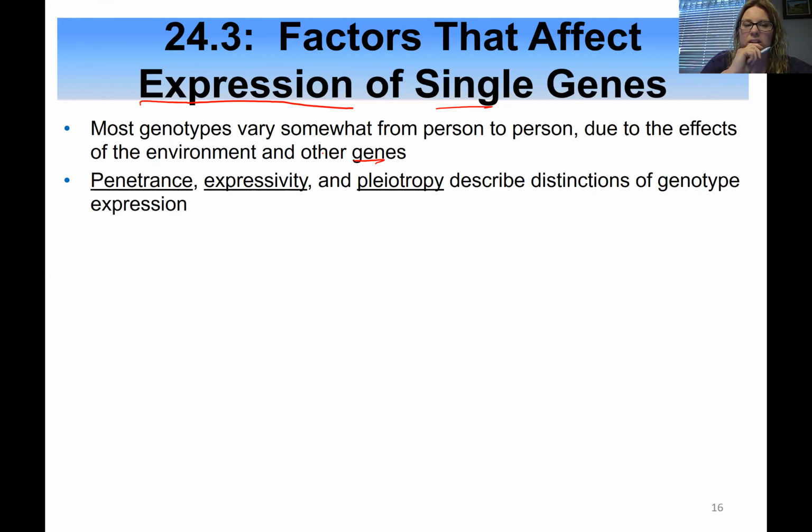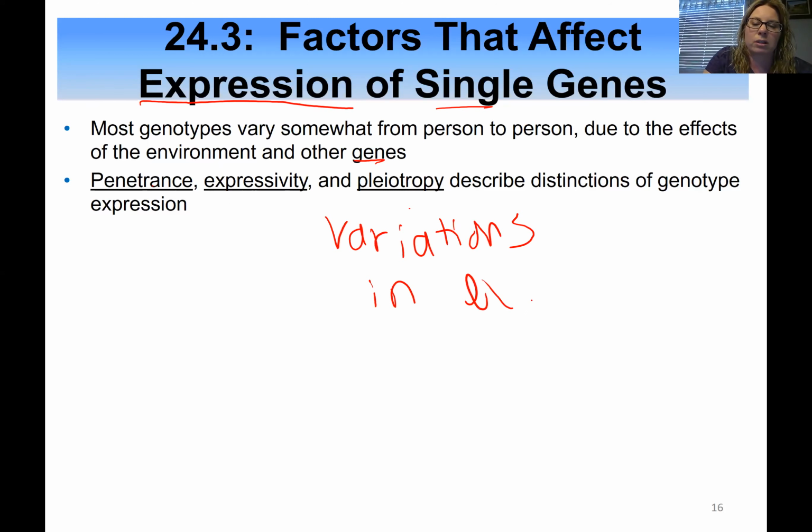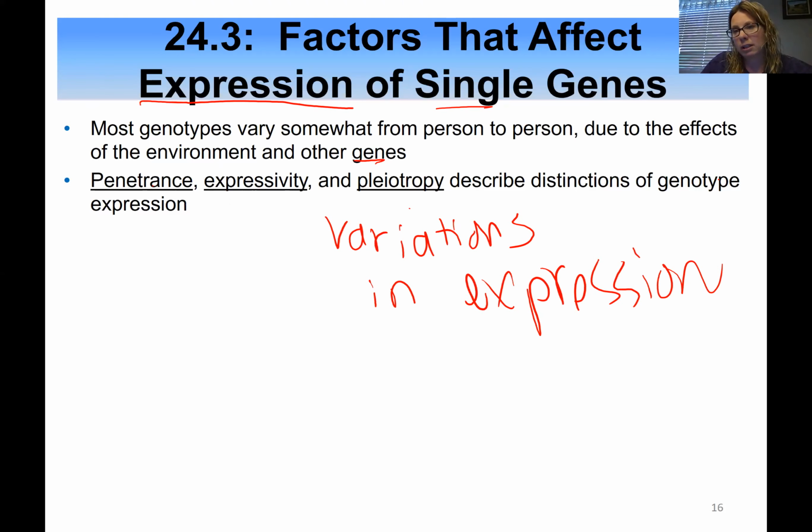And that's when we get into some of these new terms here called penetrance, expressivity, and pleiotropy. Okay, so we're going to look at some of these variations in gene expression. And remember, gene expression is taking DNA, turning it to RNA through transcription, from RNA to protein through translation.